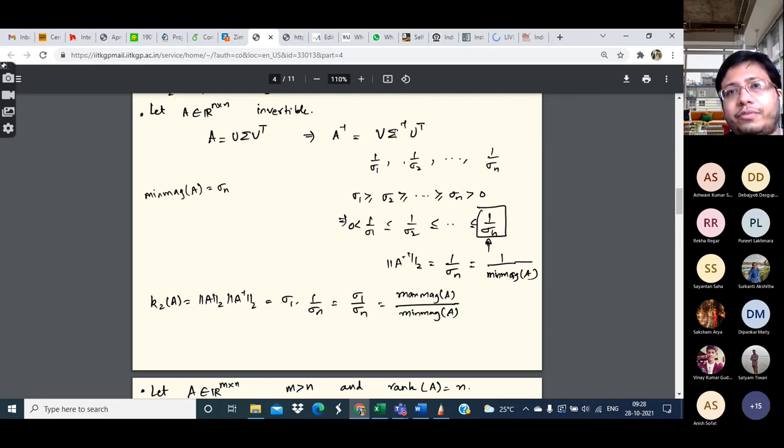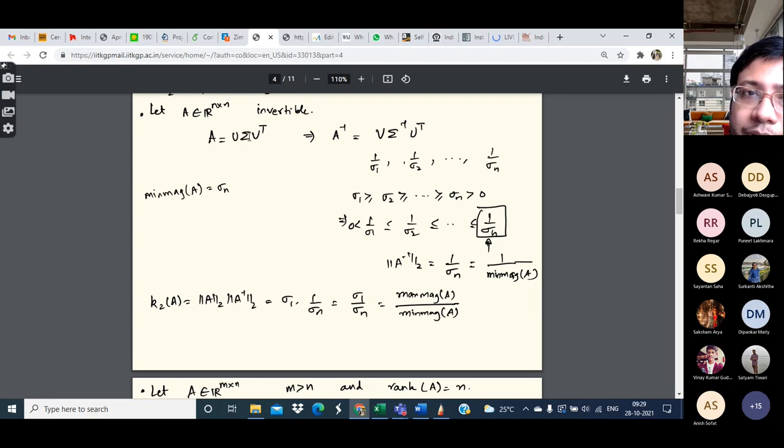And what happens to singular values? Earlier they were the diagonal entries of sigma. Now they have become the diagonal entries of sigma inverse. And this is something you can understand quite easily: whenever you have any diagonal matrix sigma, if you take the inverse of it, the only difference is that we get the reciprocals of the diagonal elements.